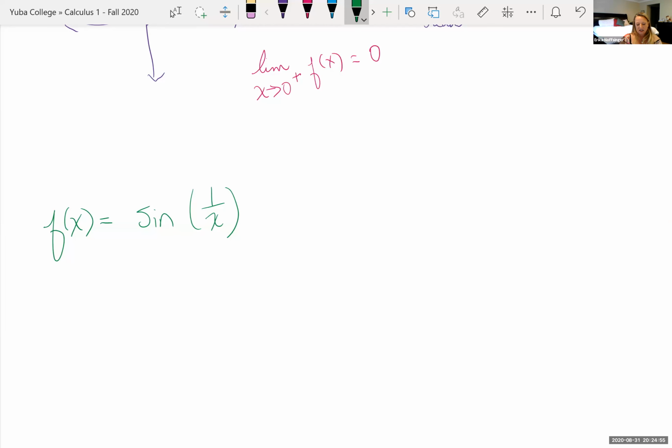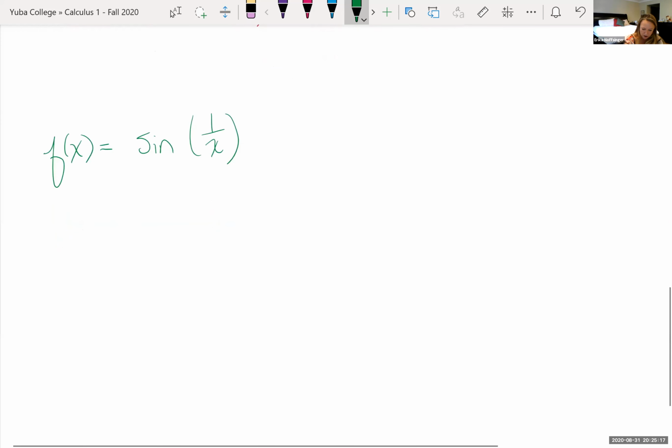Again, when I look at this, it's pretty much all defined except that I can't have 0 in the denominator. So sine of something undefined is undefined, but it's okay for something to be undefined while a limit exists. So we want to know, does a limit exist here? Note here you have a restriction: x cannot be 0.